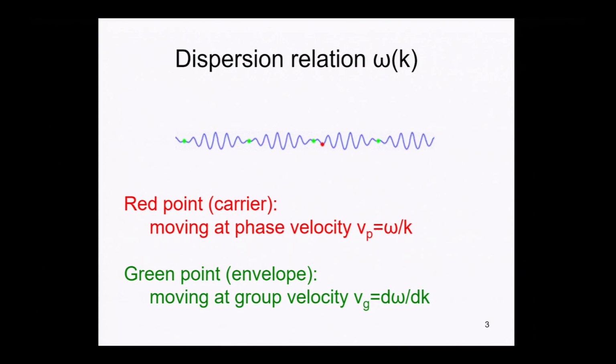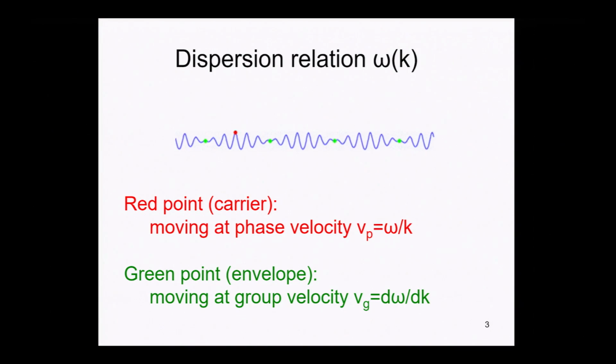The formula for Vp, which is the speed of a harmonic oscillating traveling wave, is defined as Vp equal to omega over k. The green point, which is always at the minima of the distribution, is associated with the envelope.